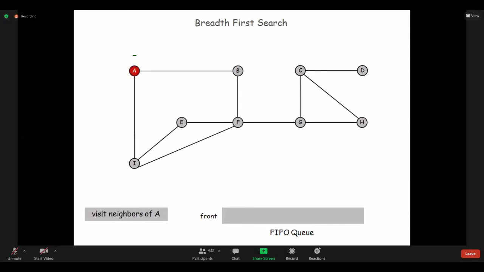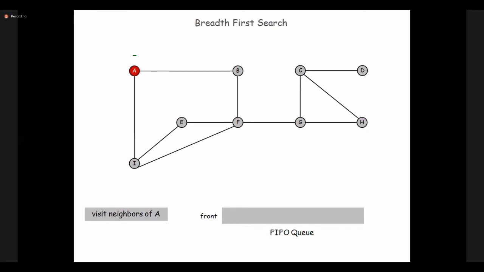After visiting A, the neighbors of A are B and I, and those nodes I have to insert into the queue. So the first step is selecting a particular vertex. The second step is placing that vertex into the queue. After that, I have to visit the neighbors and place them into the queue.